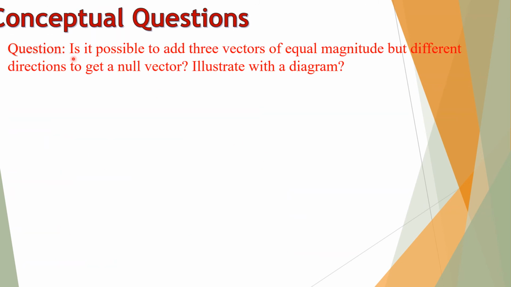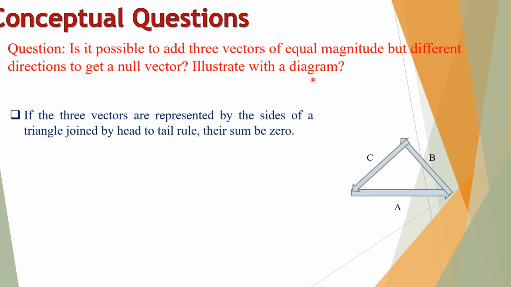Conceptual questions. Question: Is it possible to add three vectors of equal magnitude but different directions to get a null vector? Illustrate with a diagram. We have vector A and another vector B. We can add this according to head to tail rule, and we have another vector C, we can add these vectors according to head to tail rule.